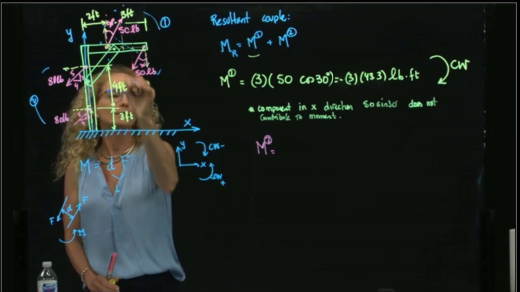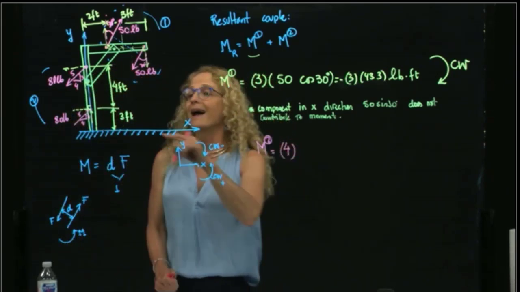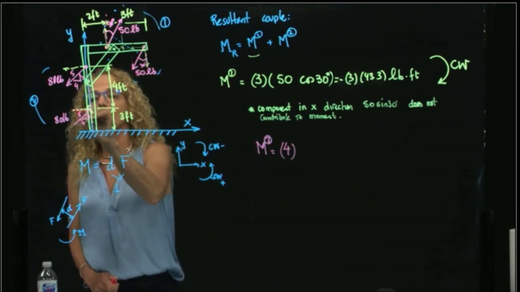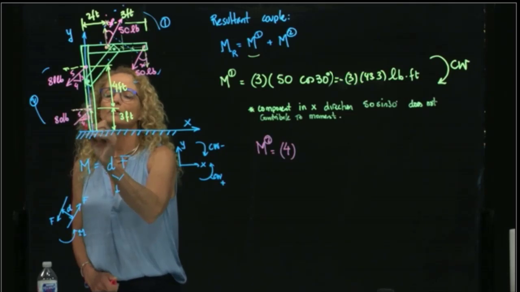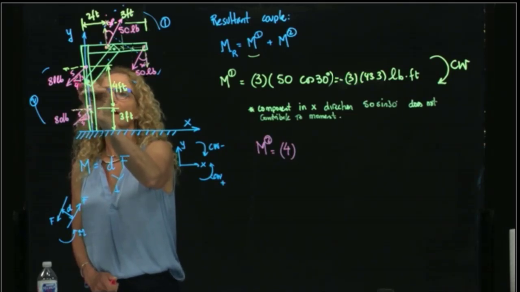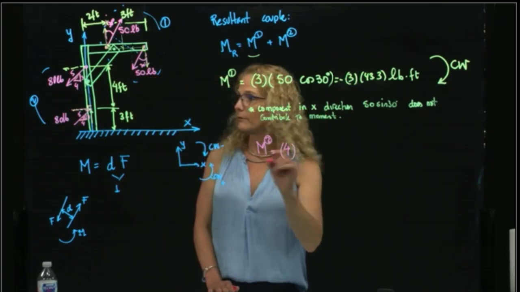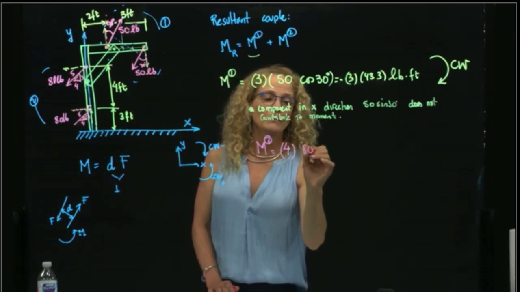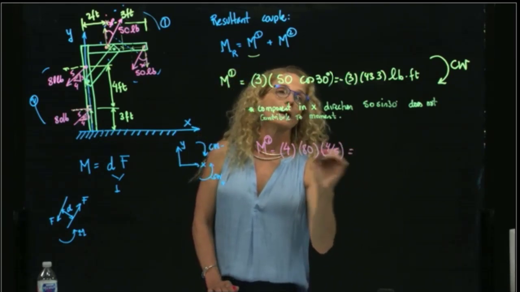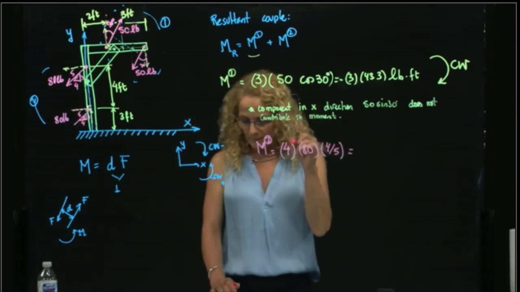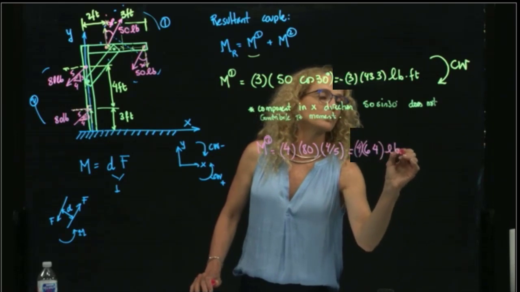So I will use this distance, which is 4, and I will only use the component that is perpendicular to the distance, which I have to multiply by the cosine of this angle. And the cosine of this angle is 4/5. Therefore, I have 4 times 80, which is the magnitude of the force, times 4/5. That's 64 pounds per feet.